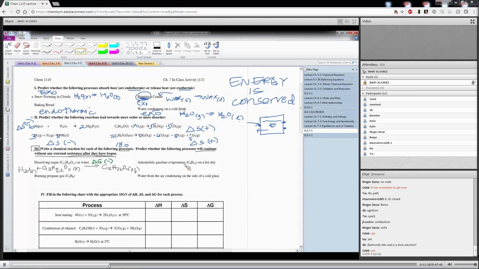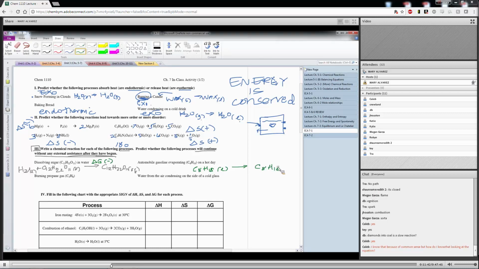Okay, automobile gasoline evaporating on a hot day. So you spill some gas on the pavement. It's a hot day. This was a liquid and it becomes a gas. Do you have to intervene or does that just happen? You don't know by looking at the equation. You know because of common sense. Caleb.